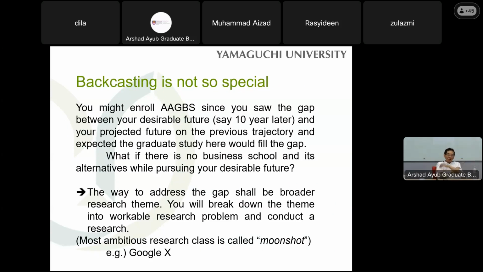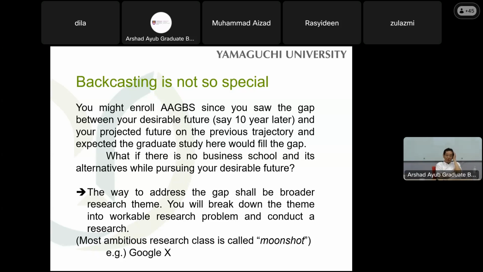more or less, you are doing gap backcasting. Look at this. You might have enrolled at AAGBS since you saw the gap between your desirable future, let's say in 10 years, and your projected future on the previous trajectory, meaning your future without AAGBS study.